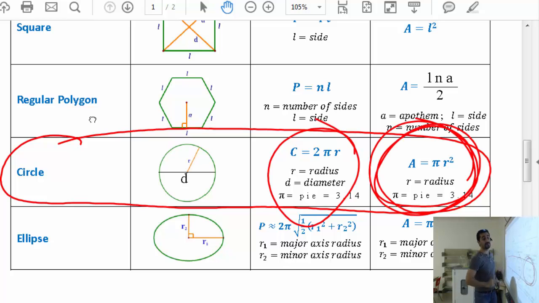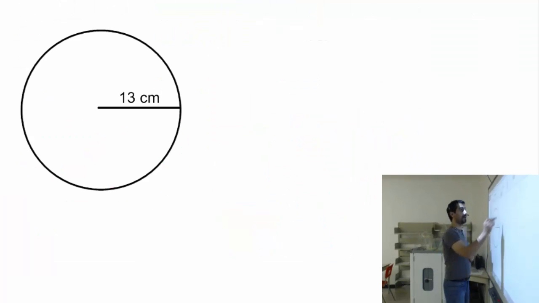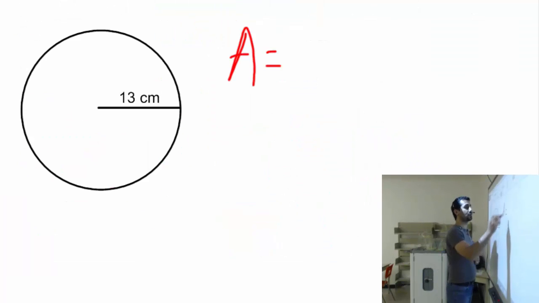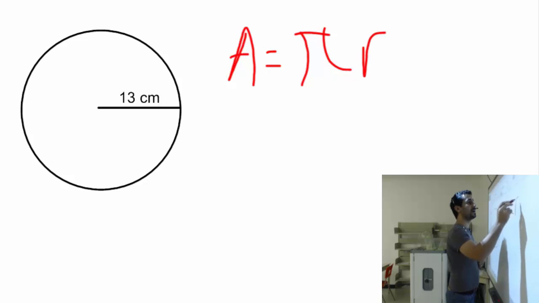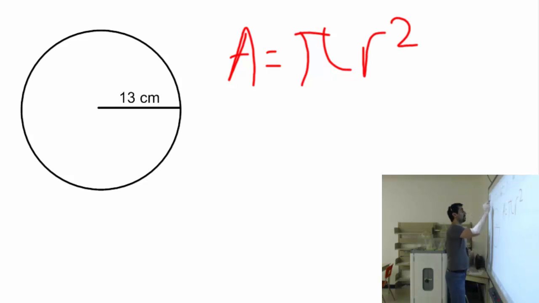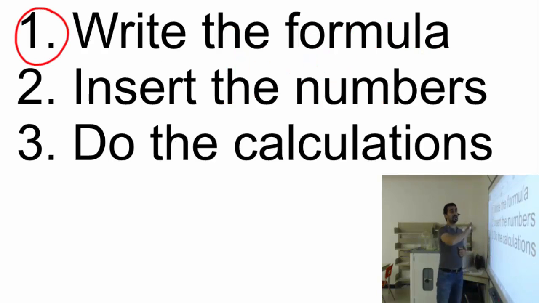So I'm going to copy the area formula here exactly the way it looks. Area equals pi r square. So let's go write that down. Area equals pi r square. So that was, write the formula, my first step.